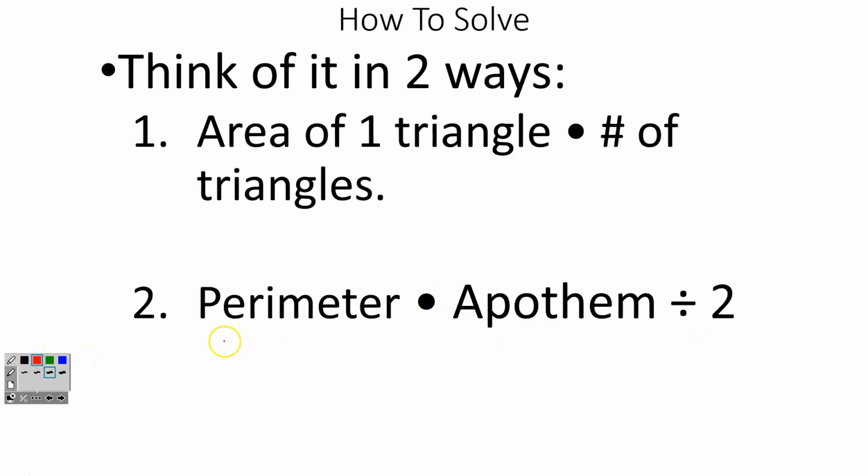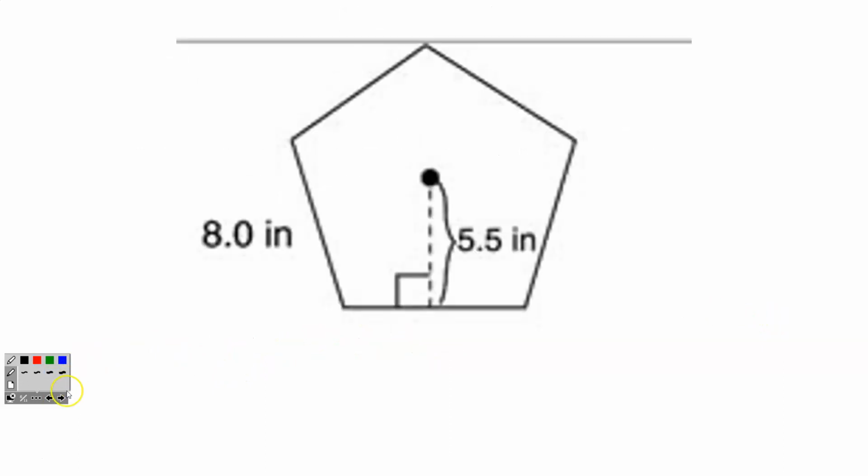Remember, perimeter is the number of sides times the side length. So then it would be number of sides times side length times apothem divided by 2. I'll show you what that means on these slides.